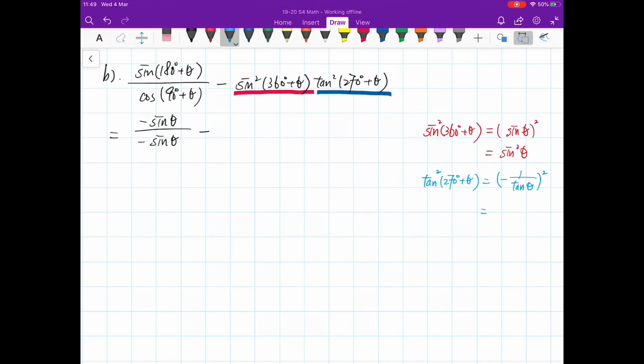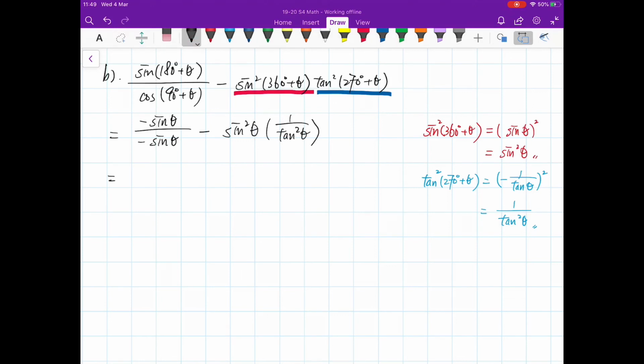Finally, it becomes 1 over tangent square theta, because negative 1 times negative 1 becomes positive 1. Finally, we put these two results back into the question, so it becomes sine square theta times 1 over tangent square theta.